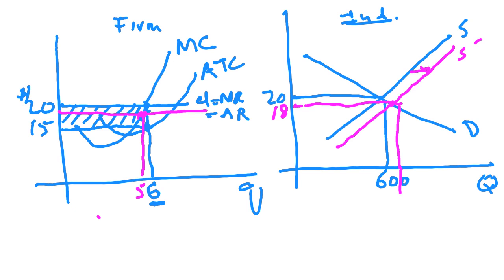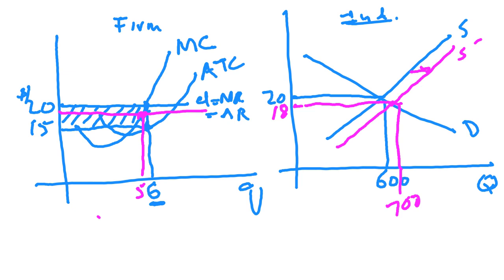Now the total industry output is 700. Why? Because new firms have entered into this industry. So 700 is the overall production. But notice that each firm now is producing only 5 units instead of 6, because price has gone down.